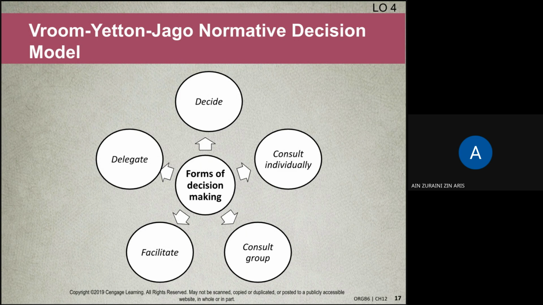Okay, so how does a leader choose the right style? To help leaders choose the most appropriate decision style, the model presents a decision tree or flow chart based on the 7 situational factors, such as decision significance, importance of commitment, the leader's expertise, likelihood of team commitment, will the team support a solo decision, time constraints, team alignment, and group expertise.